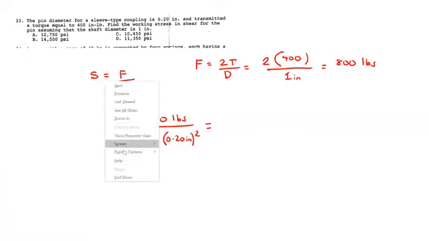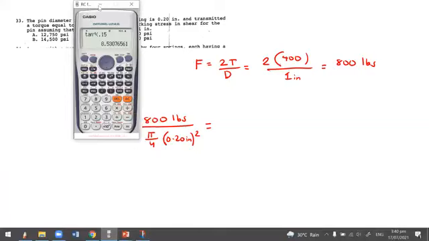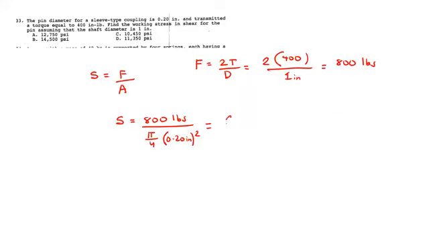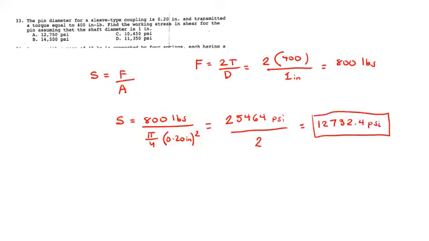So 800 over pi over 4 times 0.2 squared is 25,464 PSI. There's no matching answer, so let's try dividing by 2. Dividing by 2 gives 12,732.4 PSI. That's what we do when the answer doesn't appear: divide by 2 or multiply by 2. So the answer is letter A.